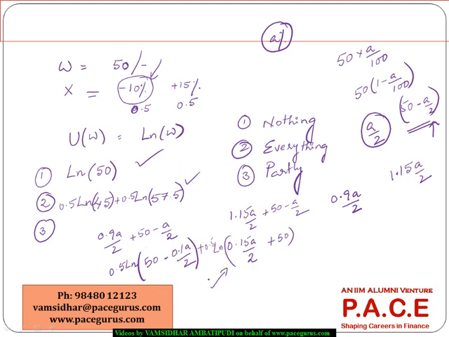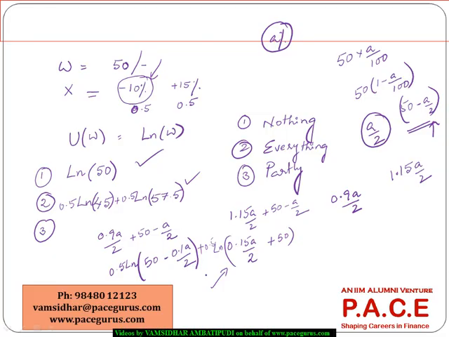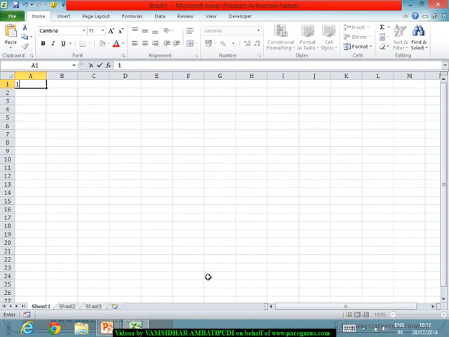So let's try to calculate the utility that is coming out in each of these three cases. In the first case, I am looking at log 50, coming to 3.91.